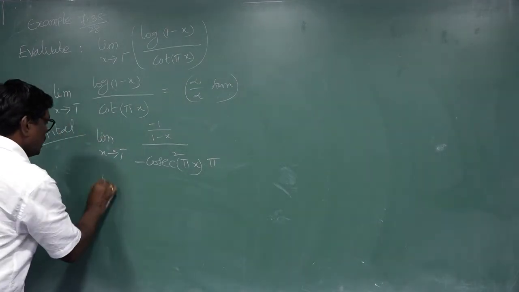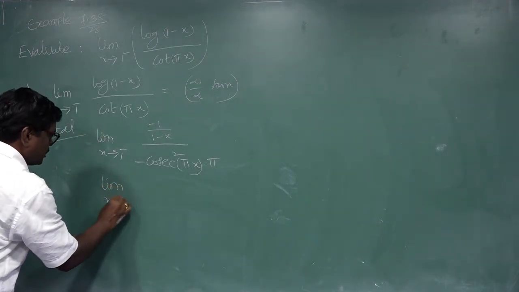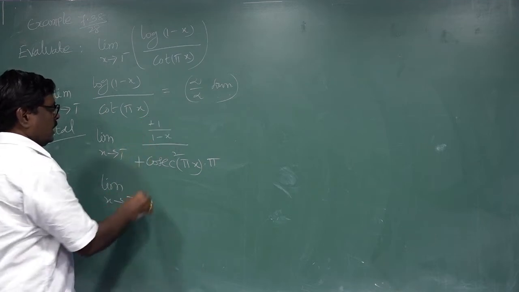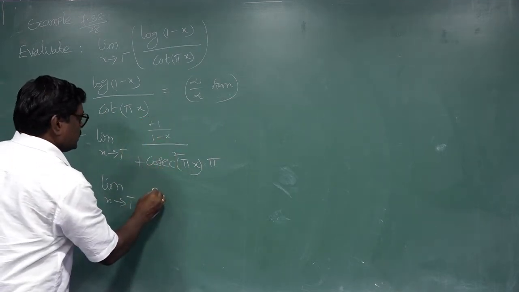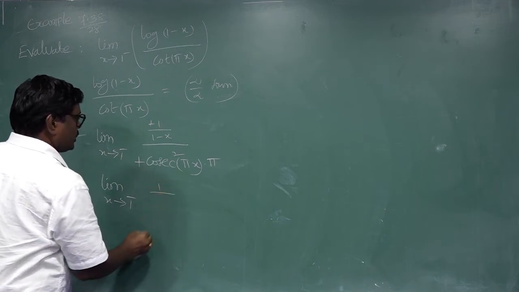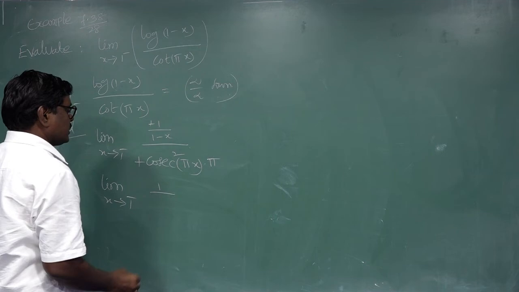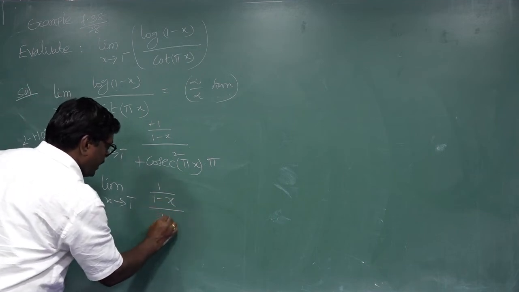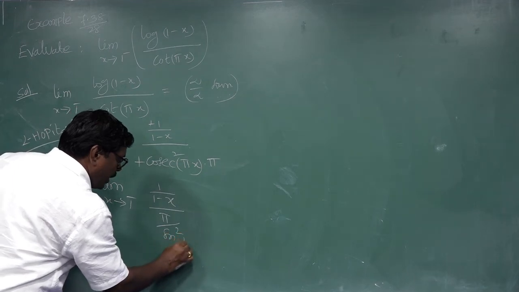That equals limit x tends to 1 minus, equals 1 by 1 into pi, 1 minus x by pi into sin square pi.